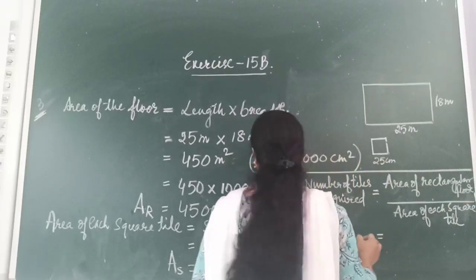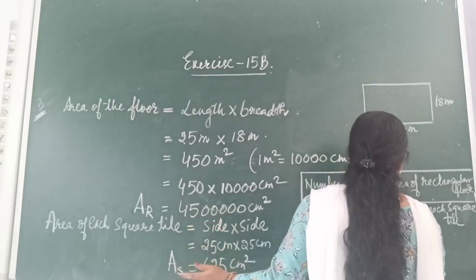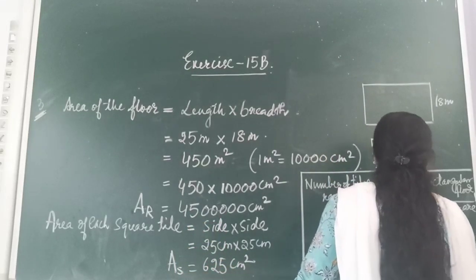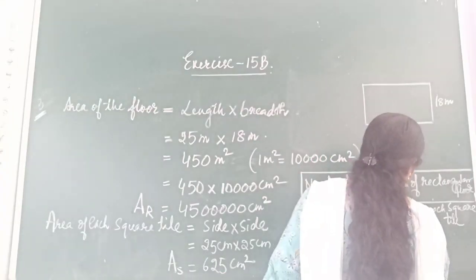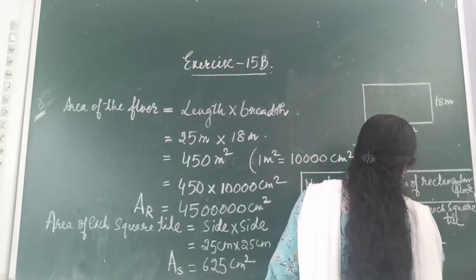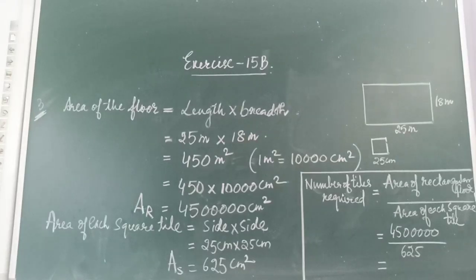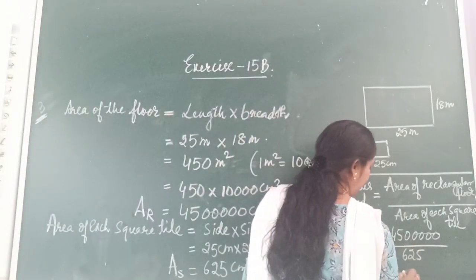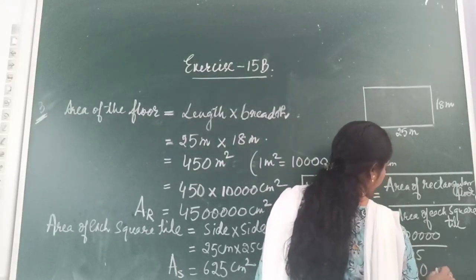Now let us divide it. The area of the rectangular floor is 45 lakhs, 45 with 5 zeros, divided by the area of each square tile, which is 625. On dividing 45 lakhs by 625, you will get 7,200.